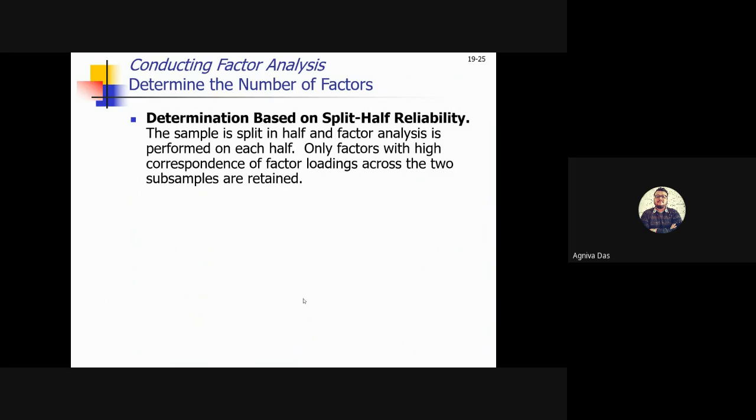Now there are many other ways in which you can try to determine the number of factors. One of them is on the basis of split half reliability. Basically, the sample is split in half, and factor analysis is performed on each half. Those factors which have high corresponding loadings across the two subsamples are retained, others are left.